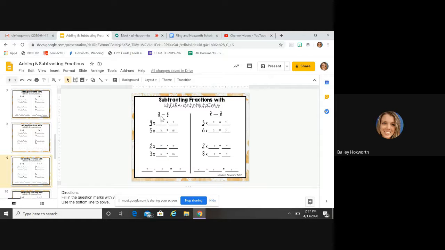Okay, now if I multiply that 5 by 3, I have to multiply the top by 3 as well. And what's 4 times 3 equal? 12. And then if I multiply the bottom number by 5, I needed to multiply my top number by 5 as well. And what is 2 times 5? 10.